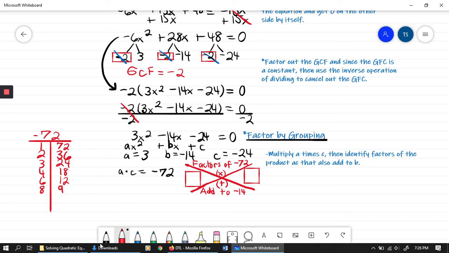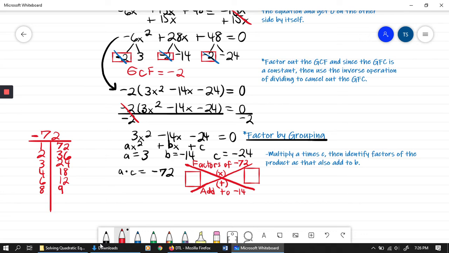First off, if we're doing factors of a negative number, remember that means that one of these factors has to be negative. And if one of these numbers is negative and the other one is positive, that means that we're looking at the difference between these numbers.